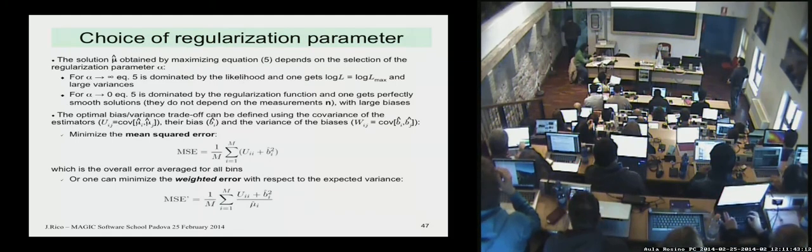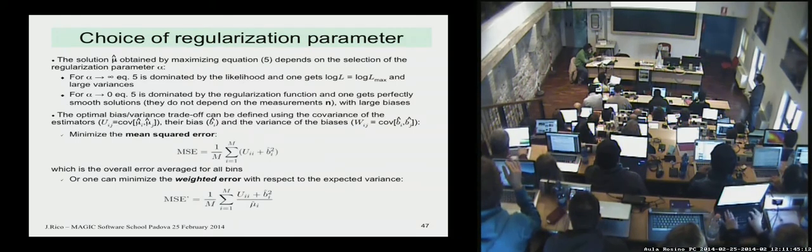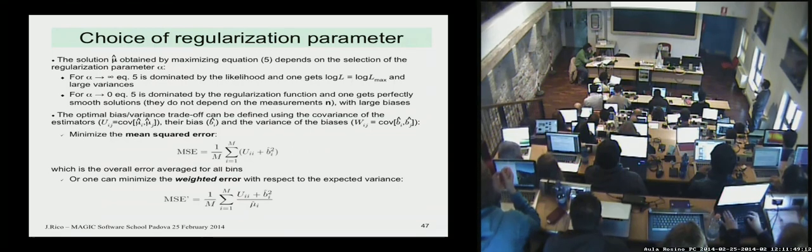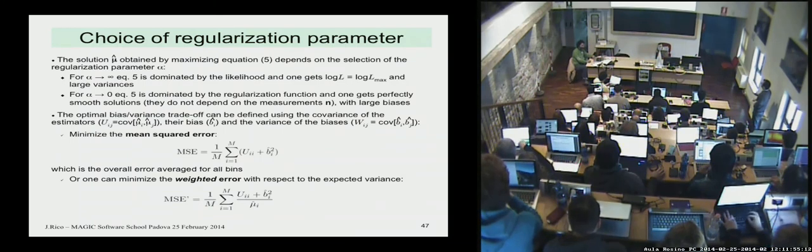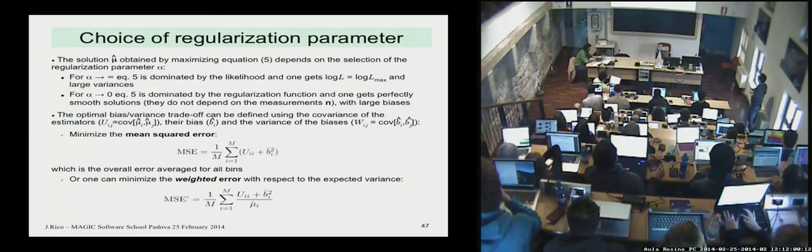And now the choice of the regularization parameter. Well, this is a repetition of what I already said. What we do is compute the covariance matrix for the estimators of mu, whatever they are.